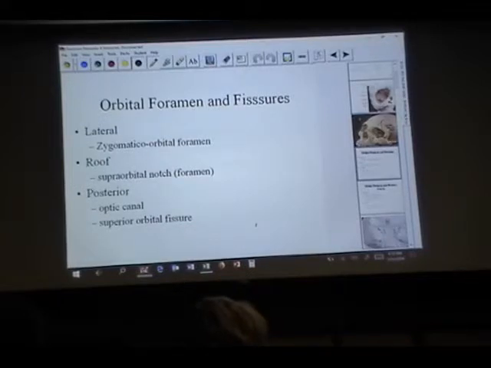Going back to the inferior orbital fissure, on the packet that you handed out, it has the maxillary nerve V2, but then it also has other structures. What is that referring to? So it says zygomatic nerve, orbital nerve.